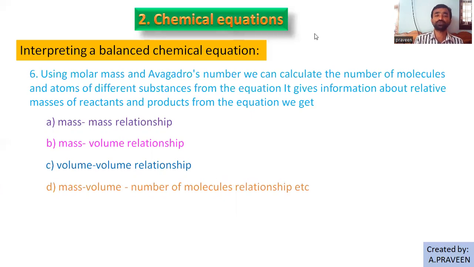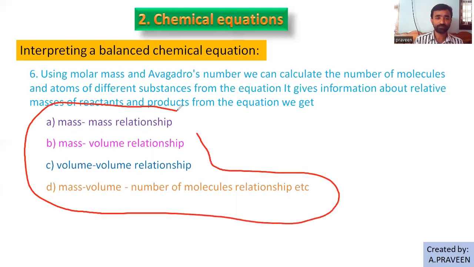These relationships you are able to make, right? This is an important thing here. Whatever it may be, mass relationship, mass volume relationship, volume relationship, or mass volume number of molecules relationship, any relationship is followed by one law.